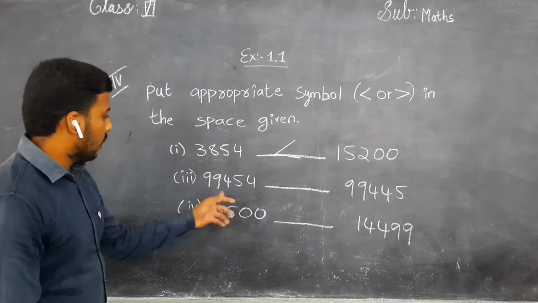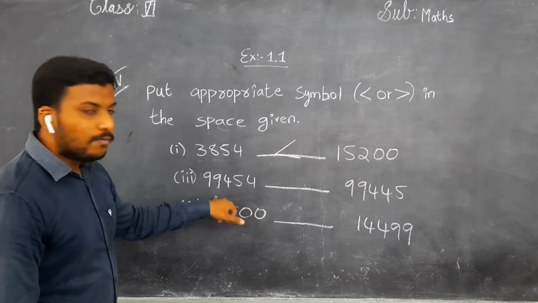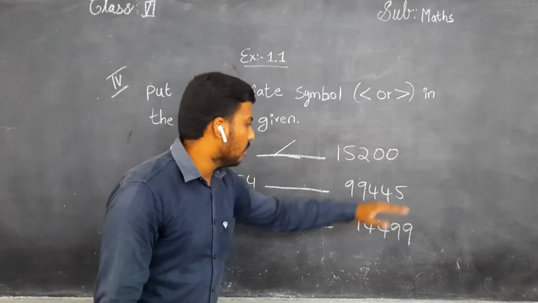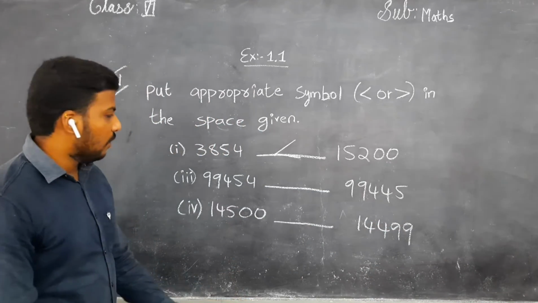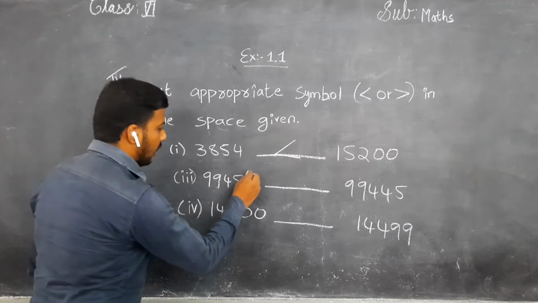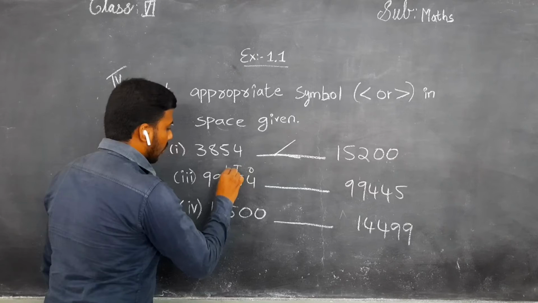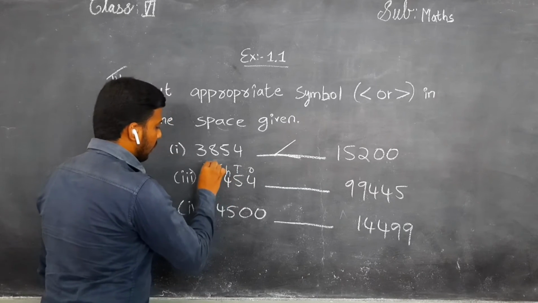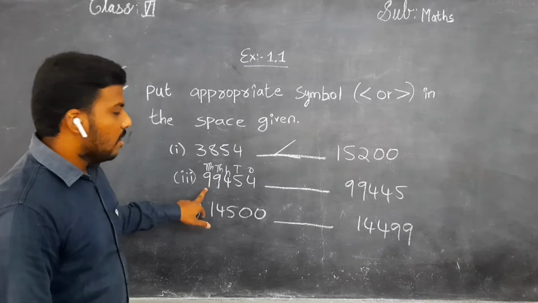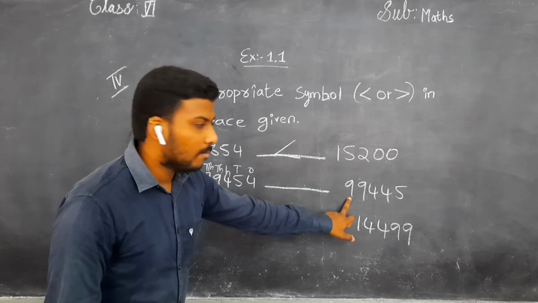Next one we will see that here we have 5-digit numbers, and here too we have 5-digit numbers. Then how can we identify? Same, by taking the place value system, we can identify ones, tens, hundreds, thousands, and 10,000s. See, here in the place of 10,000s we have 9, and here too we have 9.